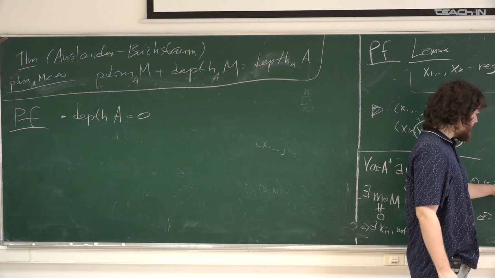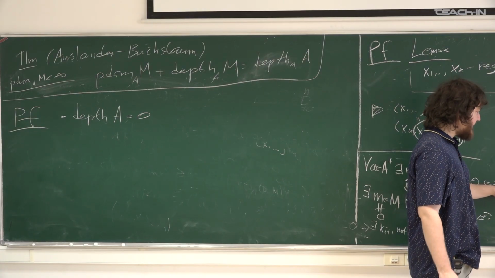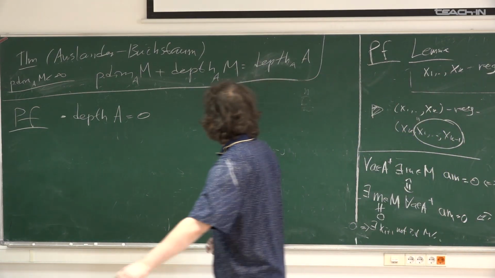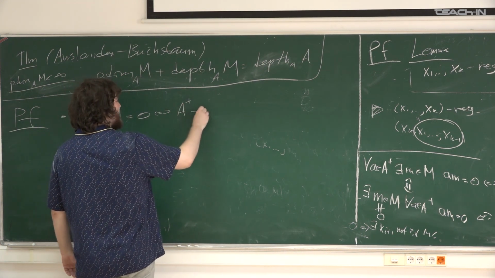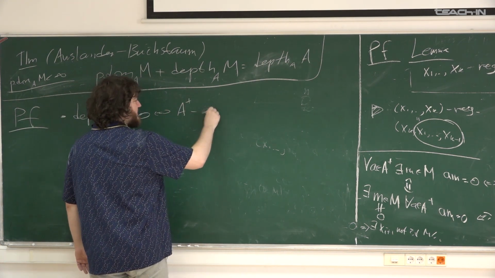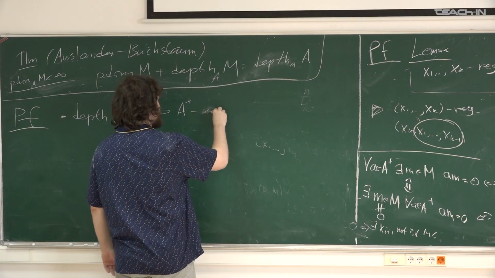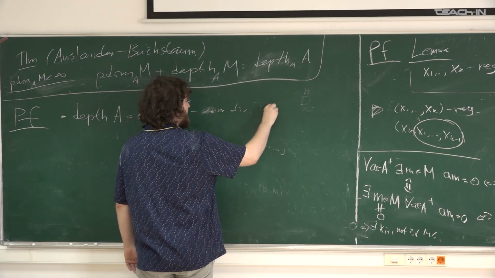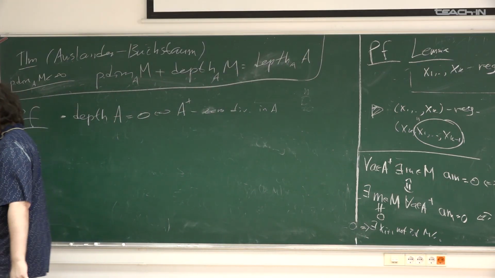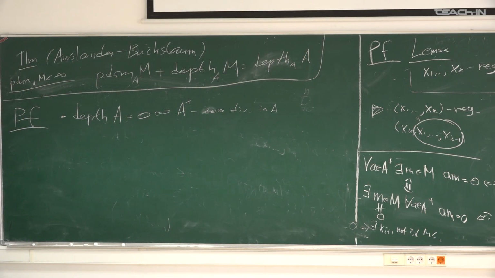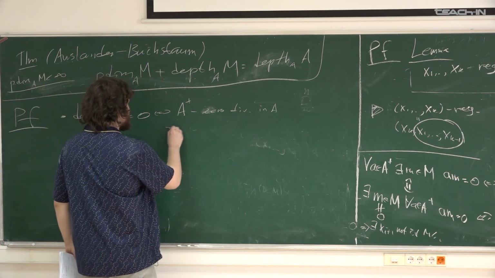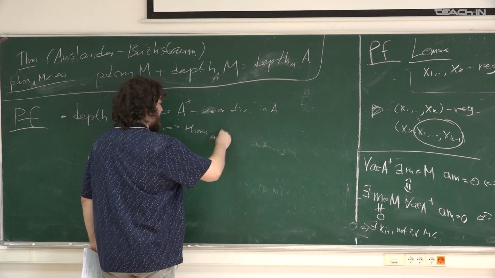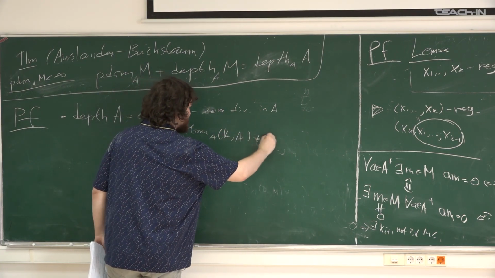It more or less means that A plus consists of zero divisors in A. Maybe it's important to say that Hom from k to A is not 0.